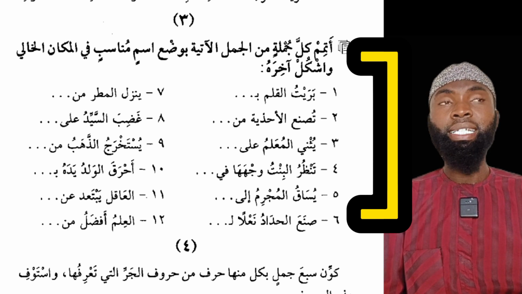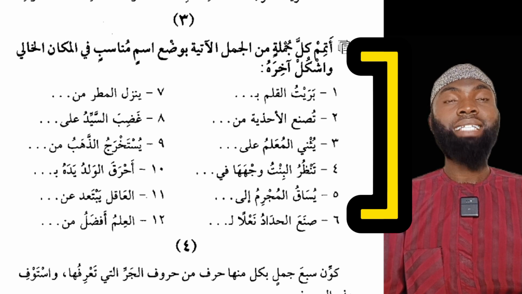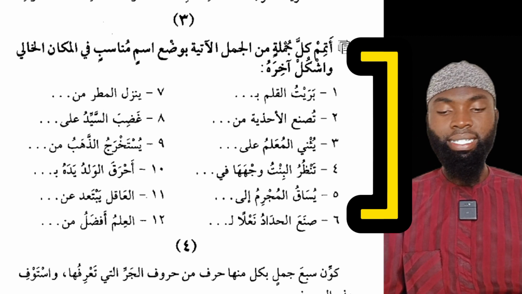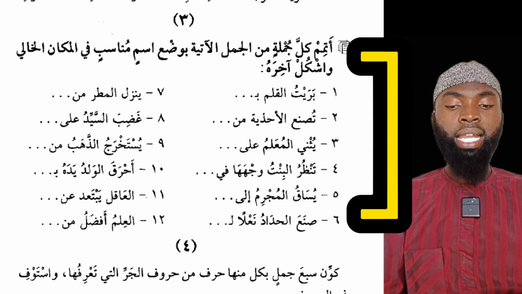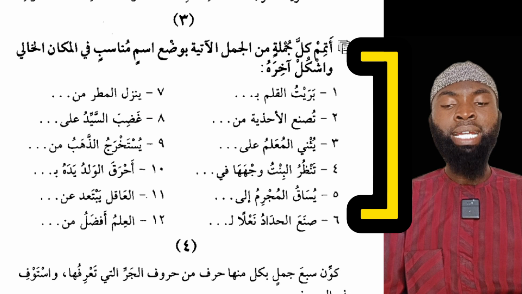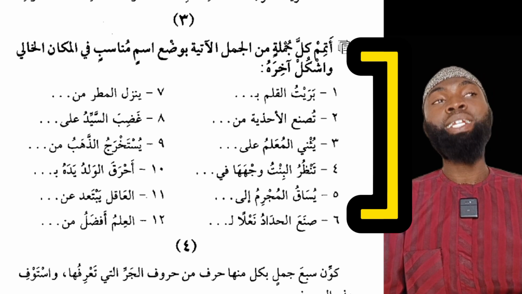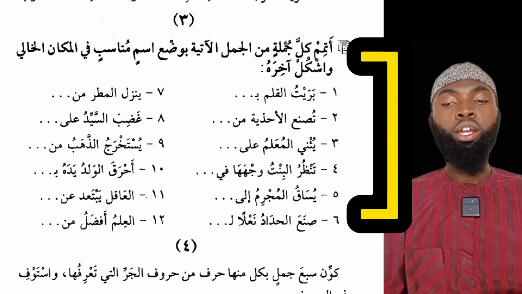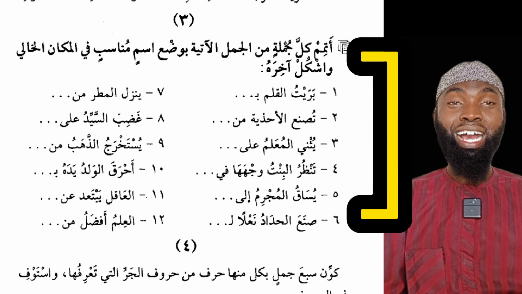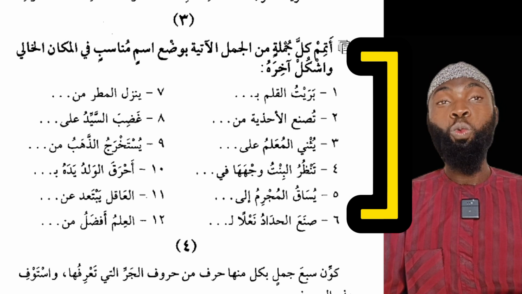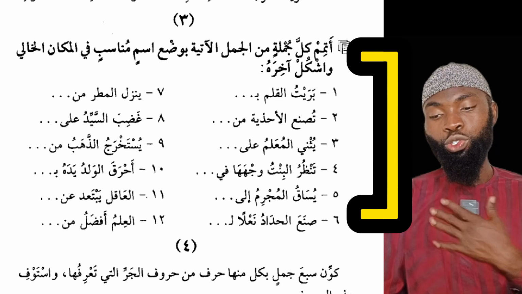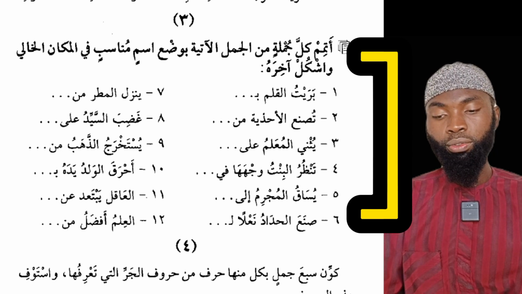Next, we have ghadiba sayyidu ala, the master got angry at al khadimi, correct, the servant. 11. Ahraqal waladu yadahu bi. The boy burnt his hand with binari, with the fire. Lastly, al ilmu afdalu. Knowledge is better than what? Al mal, better than wealth. May Allah grant us knowledge and wealth. Let us be rich and also be knowledgeable.